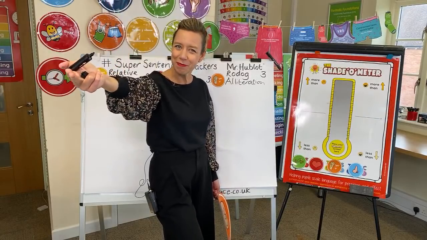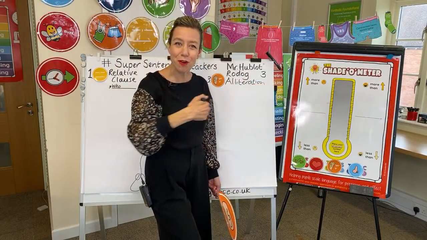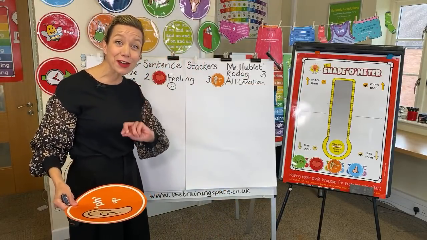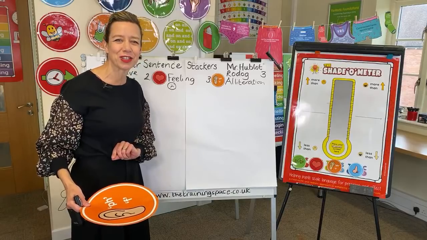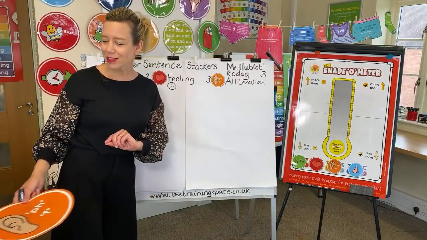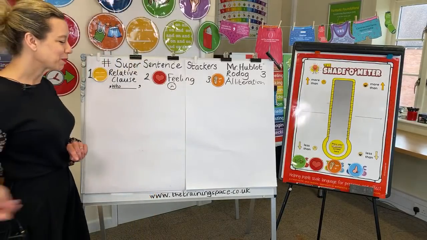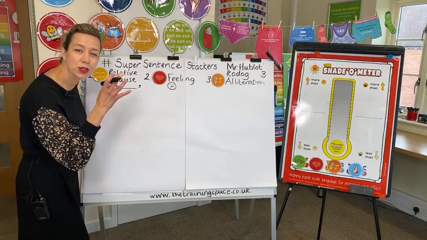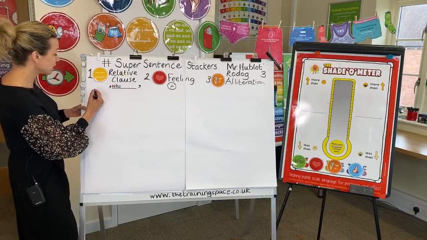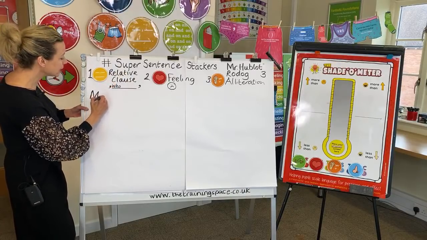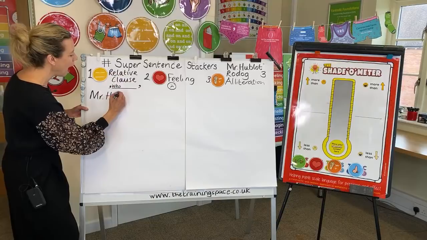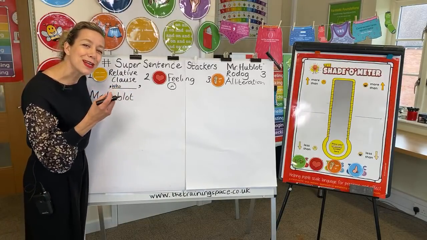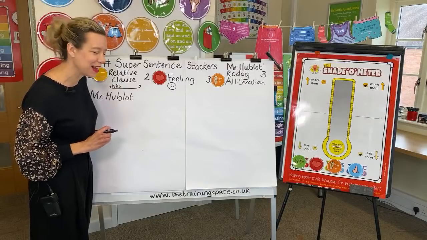Okay, everybody, welcome to the writing classroom, and we're going to get going with our first writing challenge, the complex sentence. Okay, chunk 3, I'm going to start with the subject of the sentence, Mr. Hublot. And now I want the reader to really know about his personality.